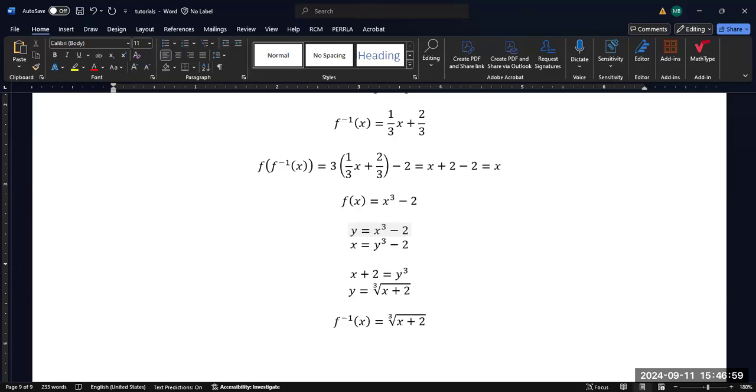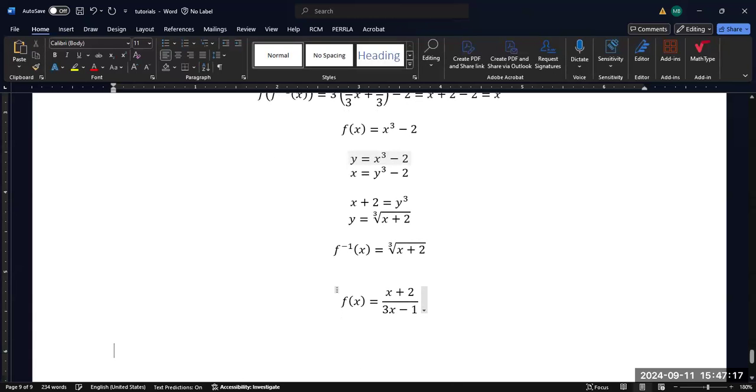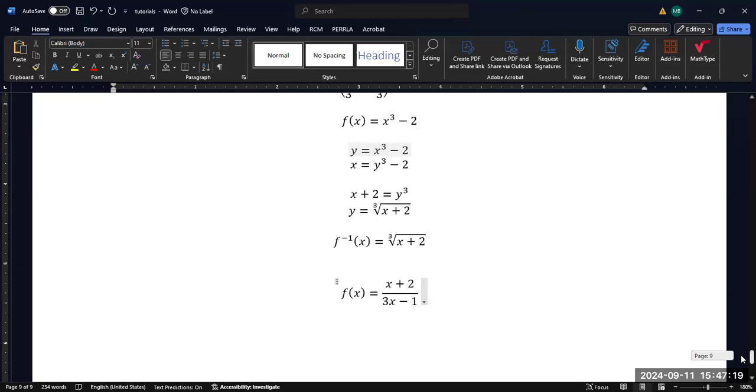So now, when things get a little bit more complicated is when you have a rational function. So let's look at an example like this. Now, this function, it does turn out, is one-to-one.